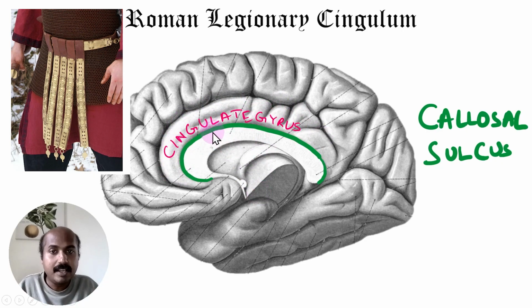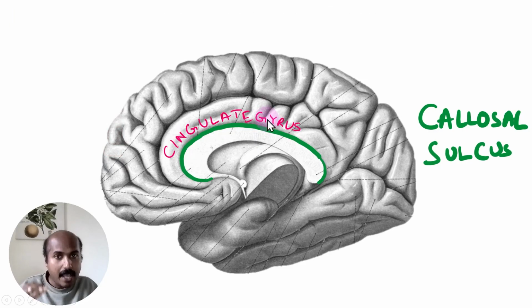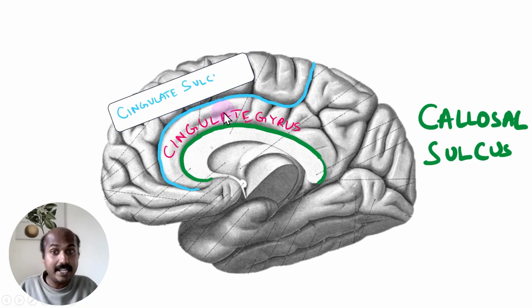Now, above the cingulate gyrus, you can see a sulcus almost parallel to the callosal sulcus, and this is known as the cingulate sulcus. So these are the curvilinear structures running parallel to the corpus callosum: the callosal sulcus, the cingulate gyrus, and above that, the cingulate sulcus.